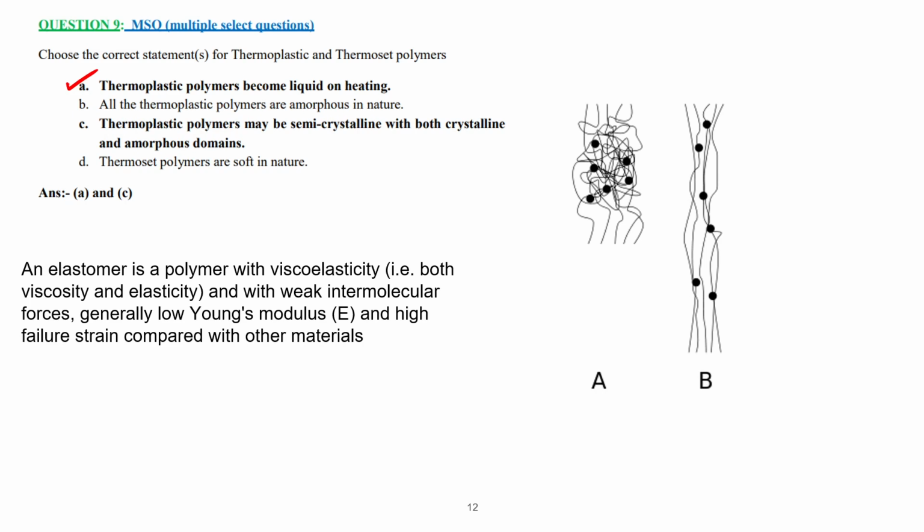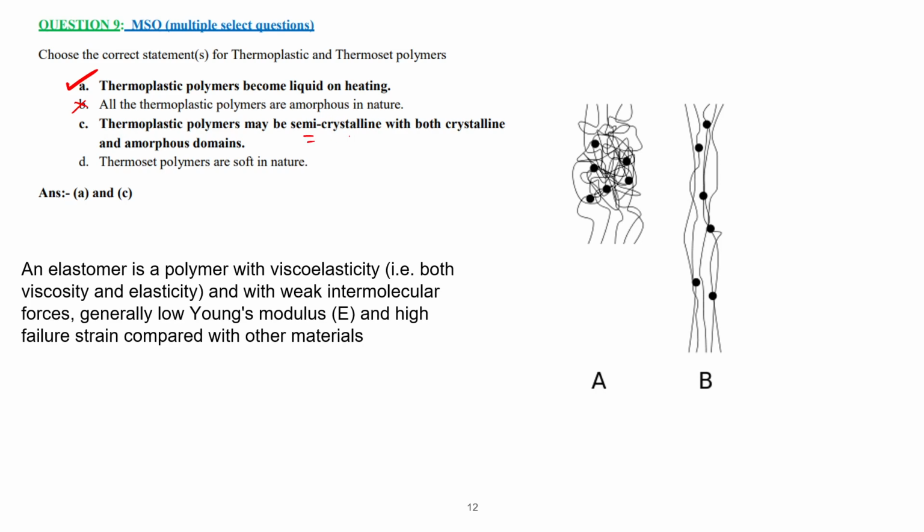So a thermoplastic polymer becomes a liquid when heated. So that's the one. As for the statement that thermoplastic polymers are more fast, we cannot conclude this because they have different natures. Amorphous is not the only one: thermoplastic polymers may be semi-crystalline, with both crystalline and amorphous domains.